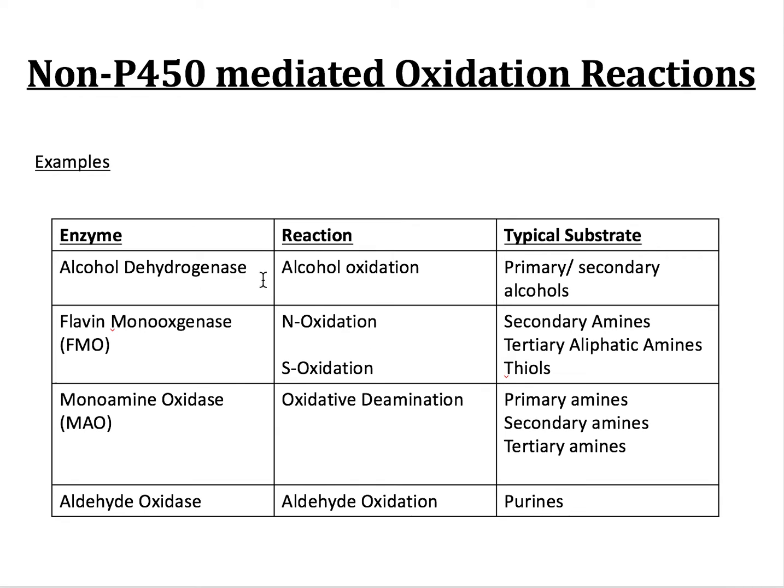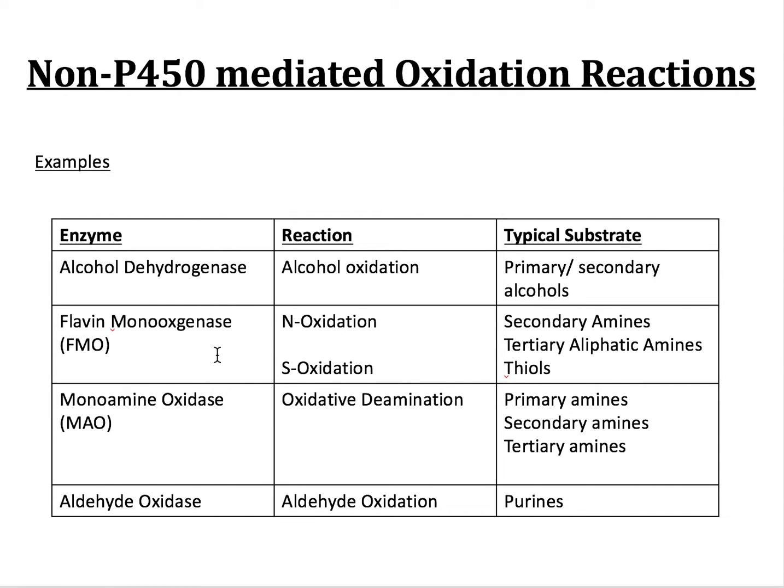Instead, it makes use of other enzymes: alcohol oxidation, N-oxidation, S-oxidation, oxidative deamination, and aldehyde oxidation. You would have remembered some of these from the P450 cycle. Alcohol oxidation can be primary or secondary, and N-oxidation can involve secondary amines, tertiary aliphatic amines, thiols, and so on.